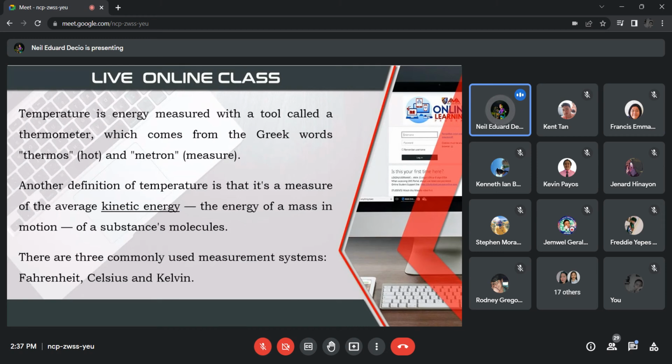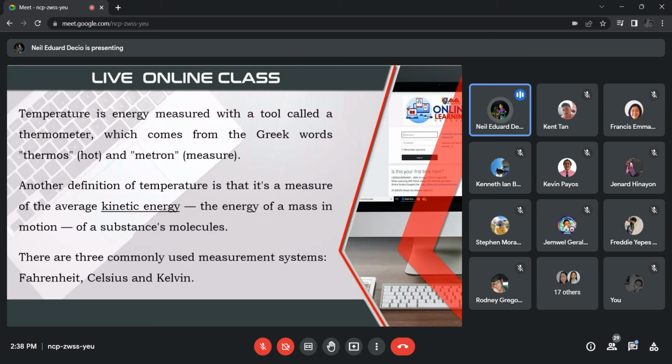So imagine getting that cold. So basically the idea is, for the Kelvin, they don't want to have a negative temperature. Kasi 0 Kelvin, I mean from negative 459.7, we can't get any colder than that.